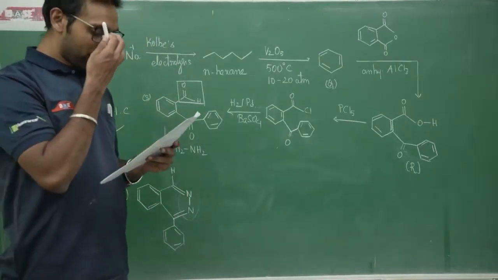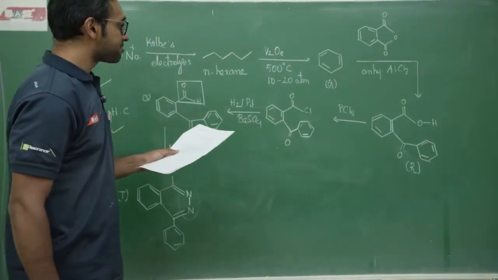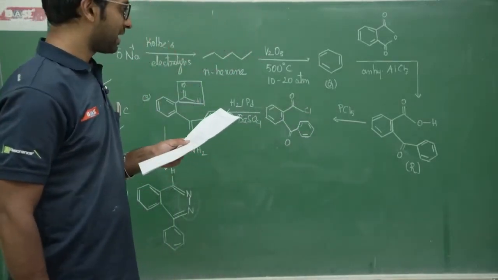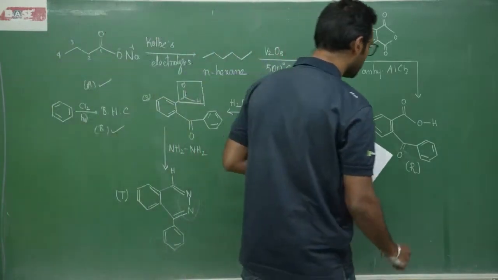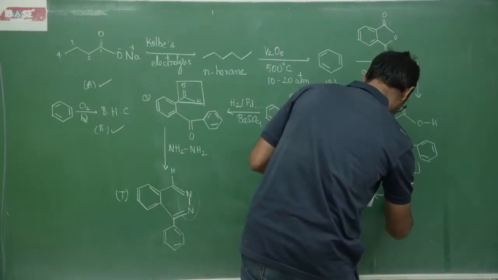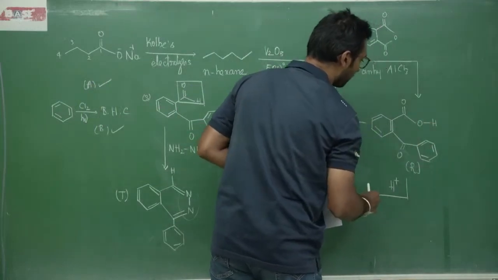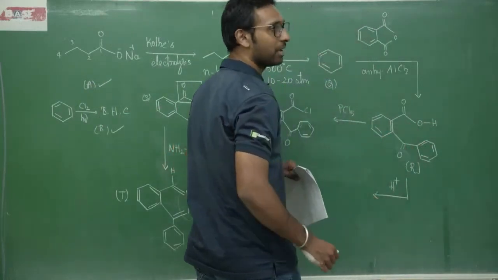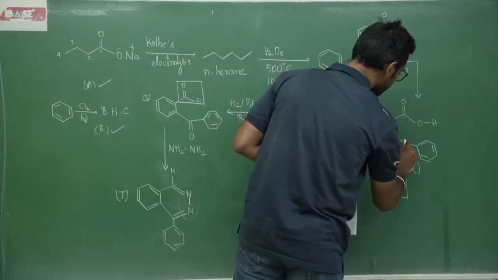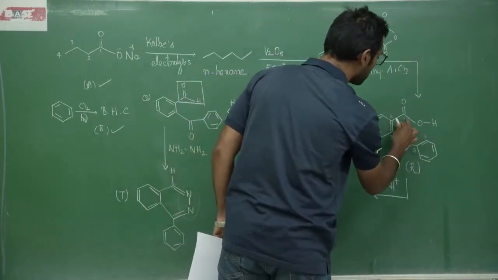Then next, they have also gone on saying that R, on acid catalyzed intramolecular cyclization and then followed by zinc amalgam... So which means, when you are going to subject this to reaction with H plus, you will have formation of an acyl carbocation, and then subsequently there's going to be an intramolecular electrophilic attack leading to formation of a cyclic compound. So this is 1, 2, 3, 4, 5 and 6. So you will have a bond being formed between these two sites.